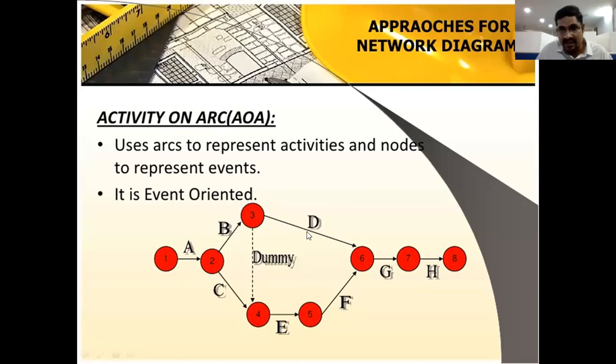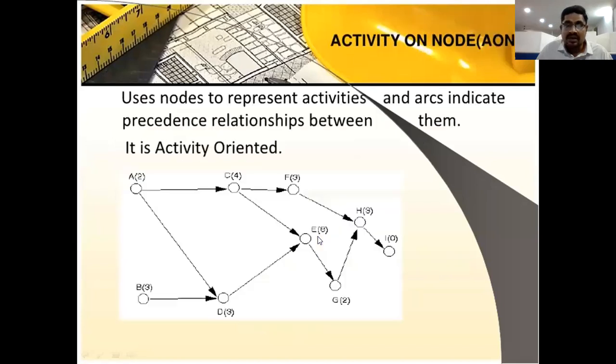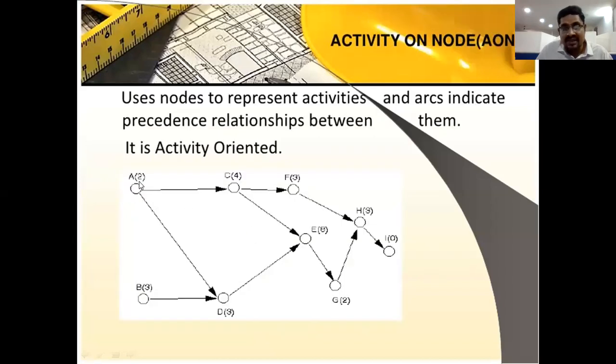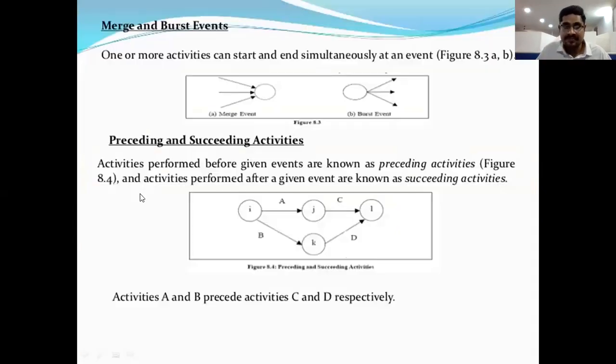Activity on node means the activity name is indicated in its node. That is the difference between these two: in one the activity name is on the arrow, but in the other the activity name is in the node, right?